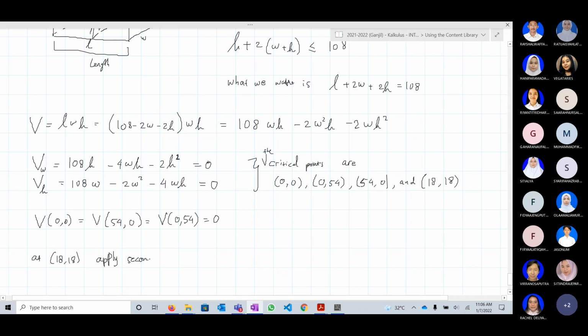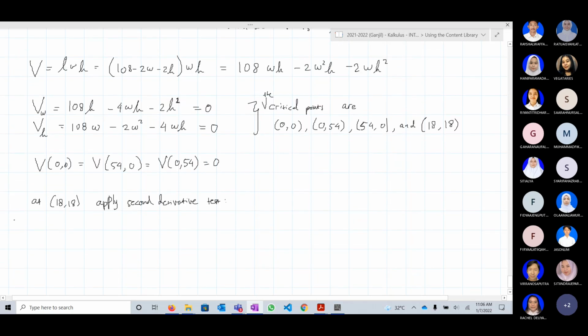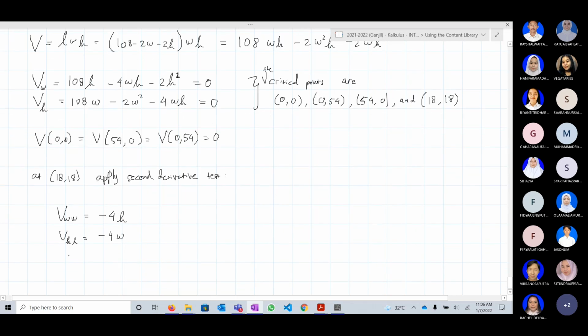the second derivative test. We find VWW, which is equal to minus 4H, and VHH is equal to minus 4W, and VWH is equal to 108 minus 4W minus 4H.